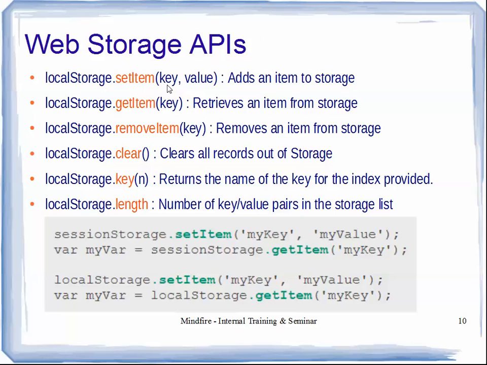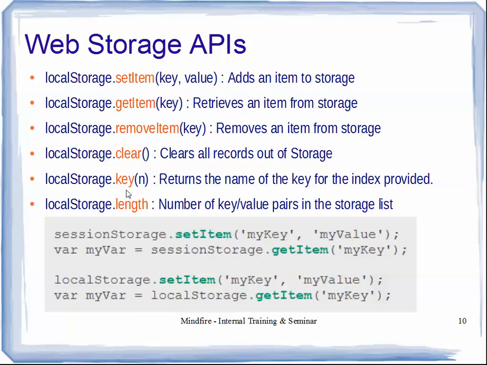For setItem, we need to provide the parameters key and value to insert an item into local storage. getItem fetches the value through a particular key; we need to provide the key to retrieve its value. removeItem again takes the key as a parameter and removes that element from local storage. Clear will remove all the data from the local storage for that particular domain.